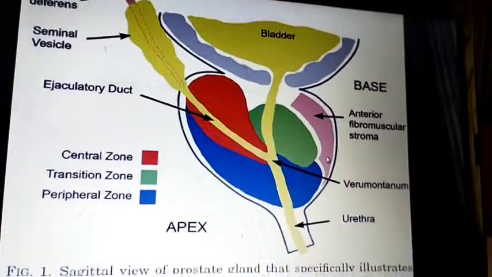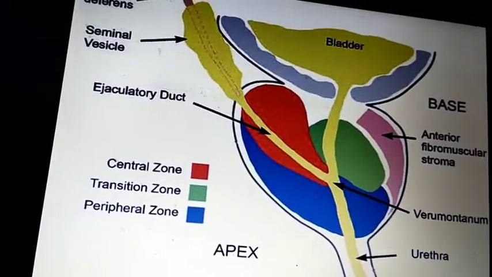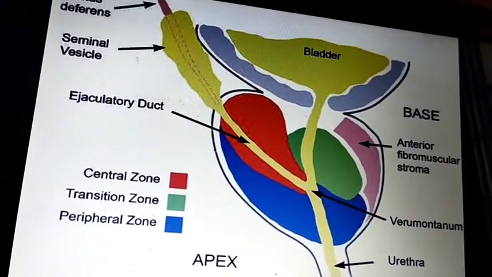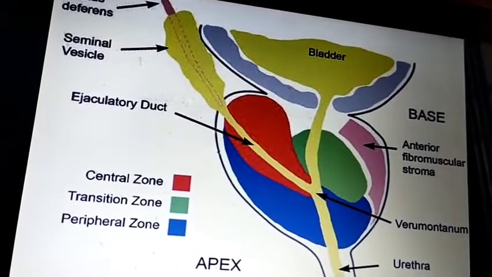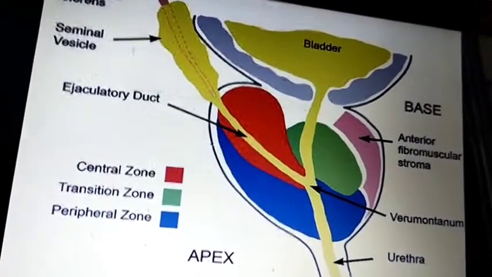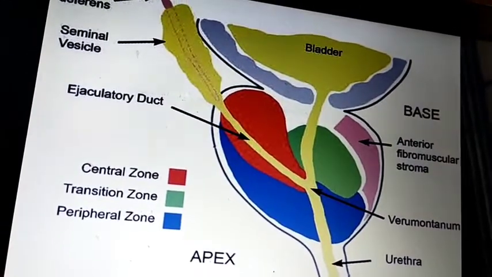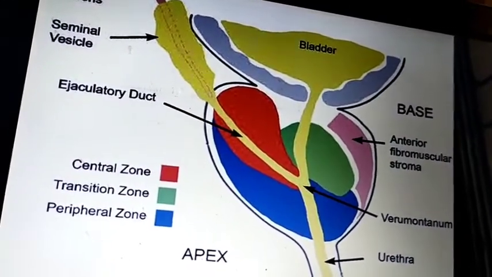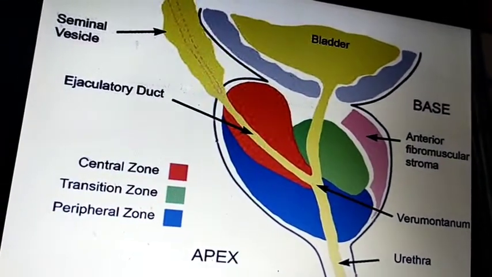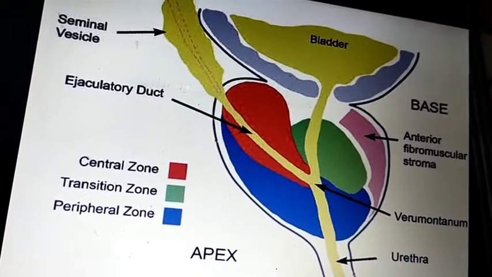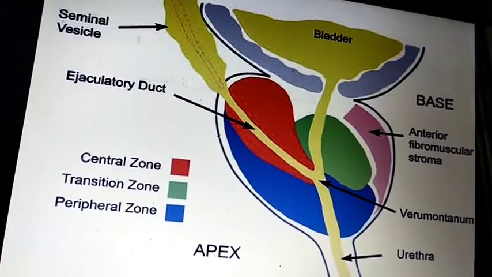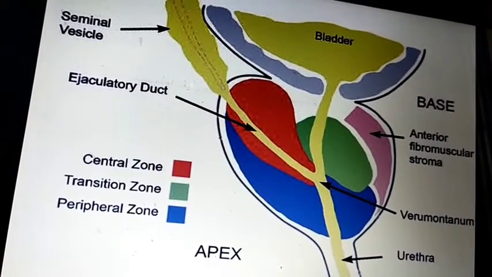Zonal anatomy is very important for identifying the pathology of the prostate, to identify benign and malignant tumors, adenomas, carcinoma, or hypertrophy. For that we need to know this zonal anatomy: transitional zone, central zone, peripheral zone, and anterior fibromuscular zone, and the lobes: anterior lobe, posterior lobe, median lobe, and lateral lobe.